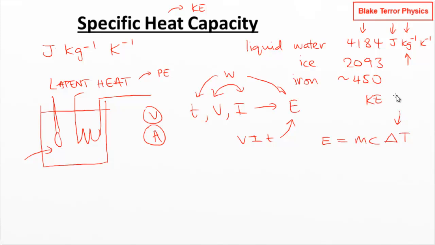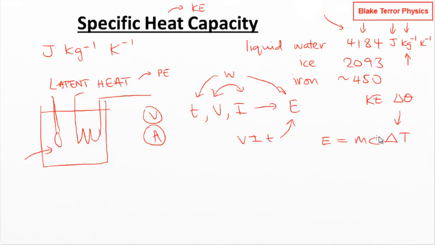Sometimes people write the change in temperature as a delta theta. Doesn't really matter whether you've got a theta for T in Greek or T for T in English. So this is our formula here, just based on our definition of specific heat capacity.